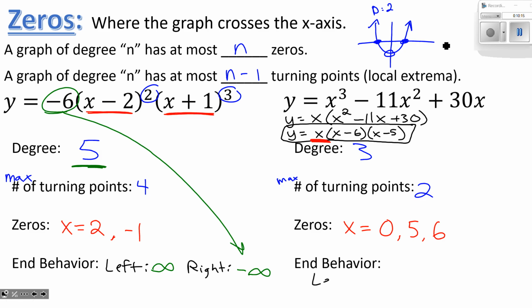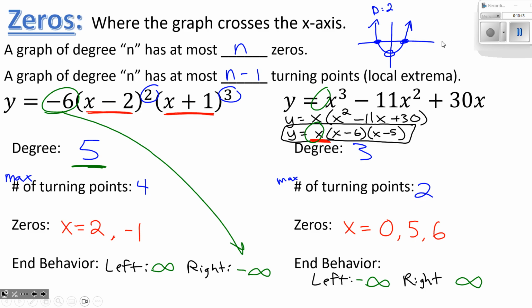And again, left end behavior, right end behavior. Every single time, the right end behavior is based on the lead coefficient. Lead coefficient here or here, wherever you want to look, is positive. So the right end behavior is positive infinity. Since the degree is odd, the left end behavior will disagree. It's going to be negative infinity.